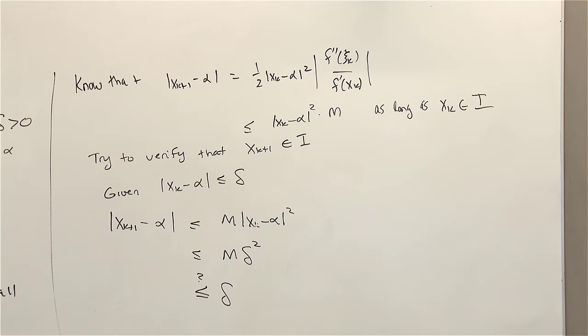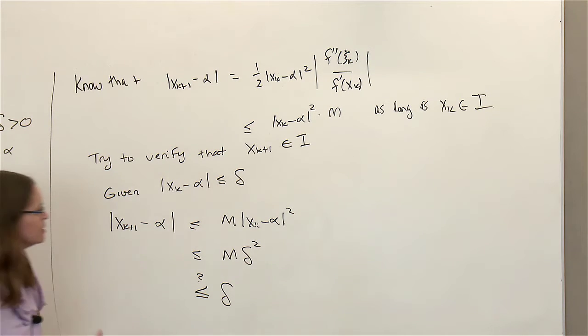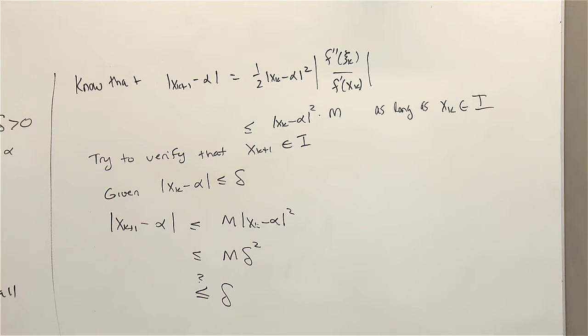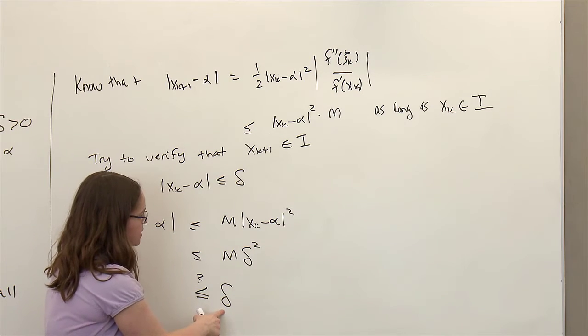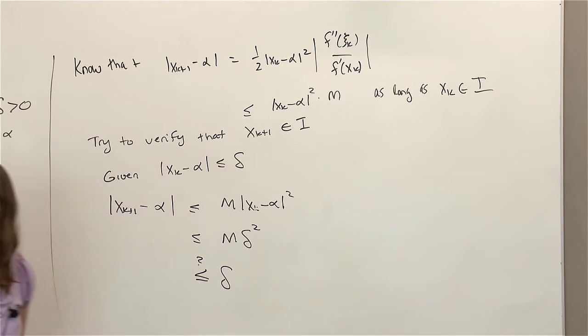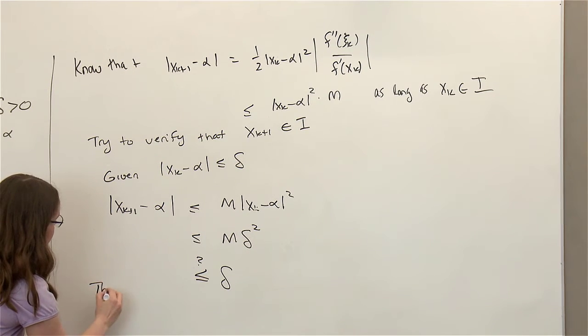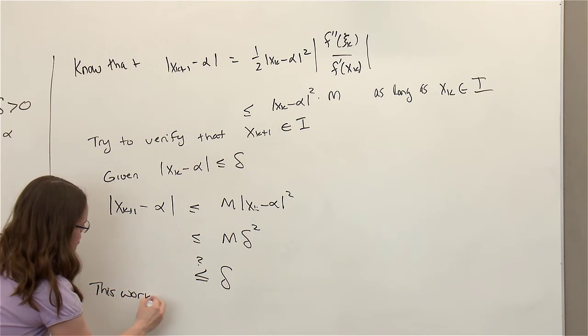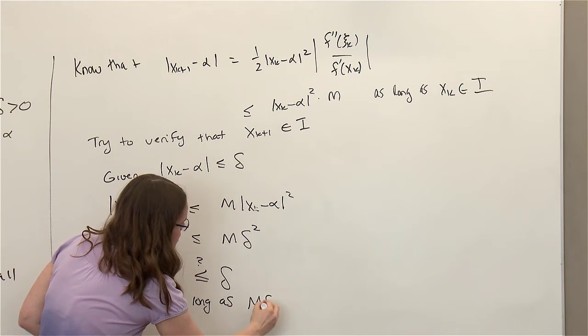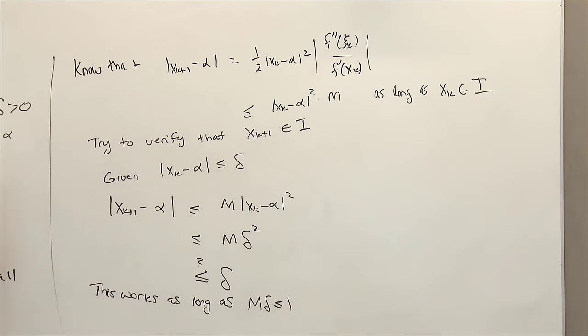Close. Delta less than 1, almost. Less than 1 over m, exactly. So m delta squared is less than or equal to delta. If I divide out a delta, I have m delta less than 1. That's going to be my restriction. So this works as long as m delta is less than or equal to 1.